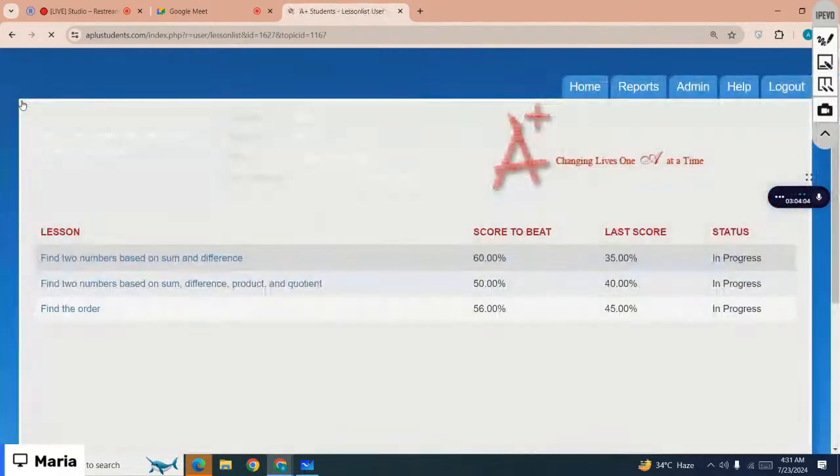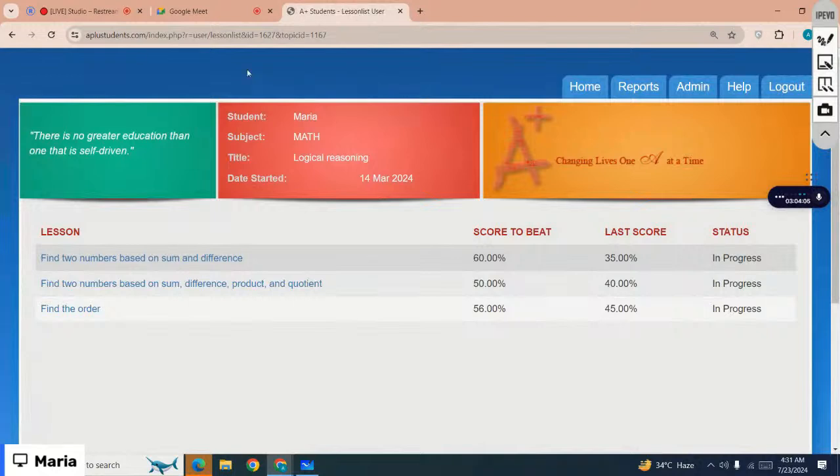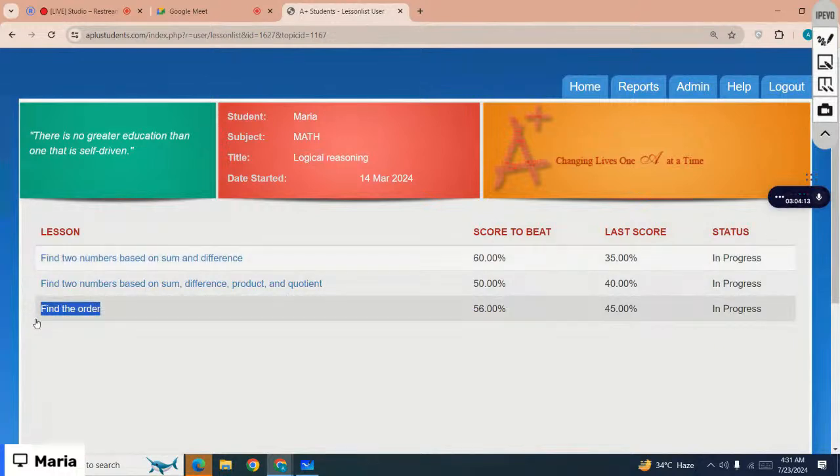That is logical reasoning, grade 4 math it is. You can see here is the chapter name. Here is logical reasoning. That is the chapter name, and now I'm going to start this lesson. Find the order.